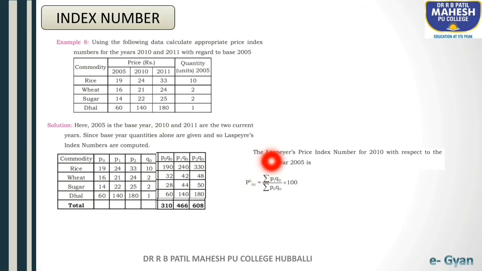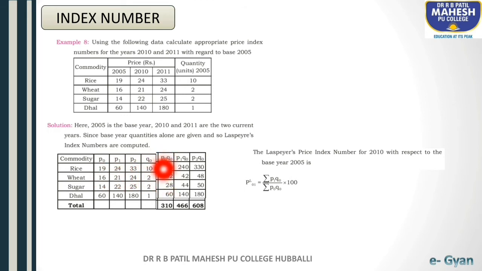For the Laspeyres formula, what we require is summation P1 Q0 divided by summation P0 Q0. So first we have to find P0 into Q0. Multiply P0 into Q0: 19 tens are 190, 16 twos are 32, 14 twos are 28, 61 are 60.